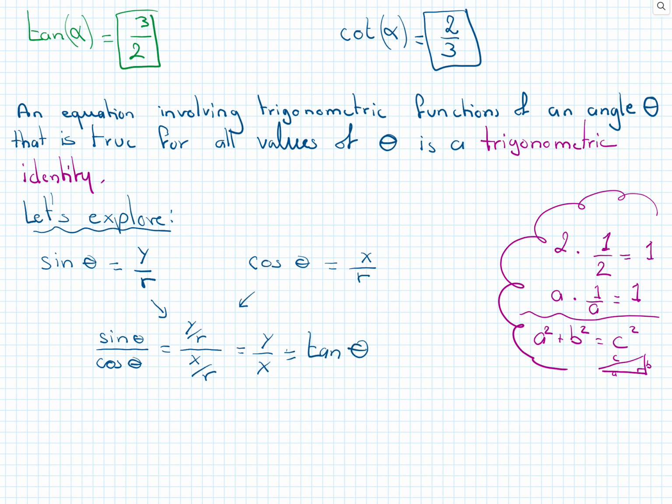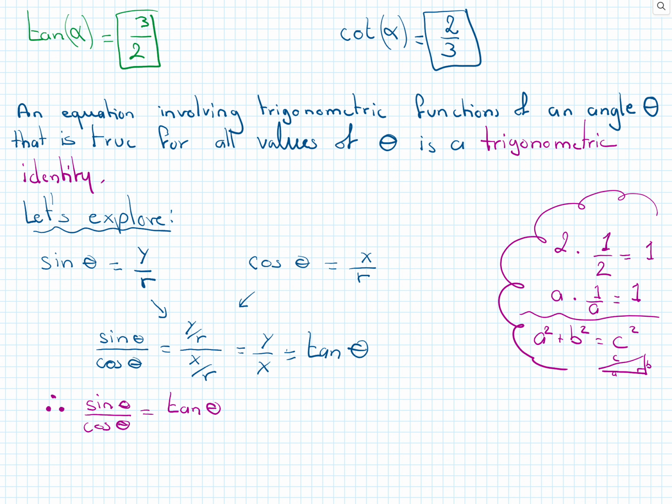So we're going to say, therefore, let's put that in color. Therefore, sine of any angle theta divided by cosine of any angle theta is always going to be equal to the tangent theta.